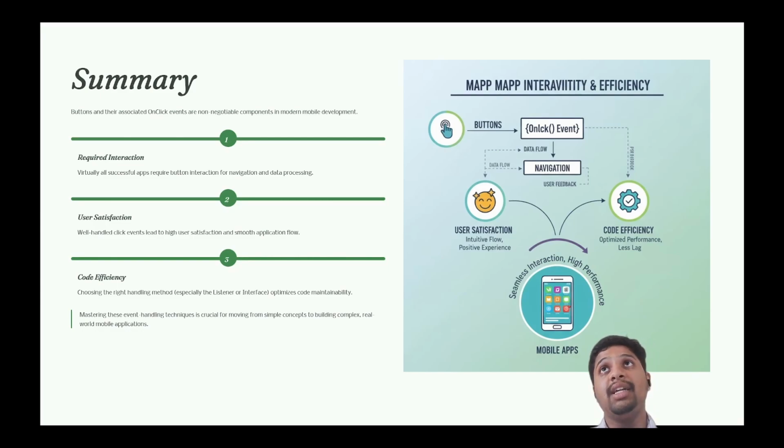Using the right method depends on your app's complexity. For smaller apps, use XML attributes. For scalable, maintainable apps, go with listeners or interfaces. Mastering these event handling techniques helps you transition from building basic demos to developing real-world Android applications that users love.